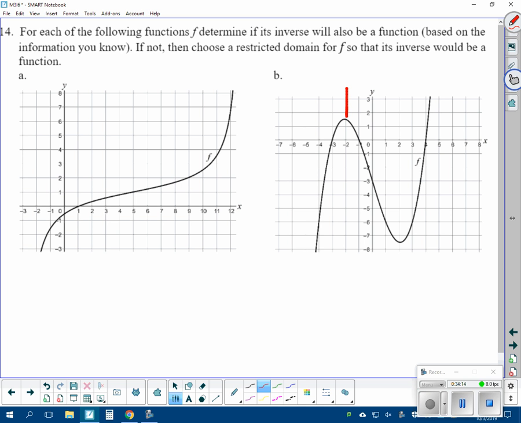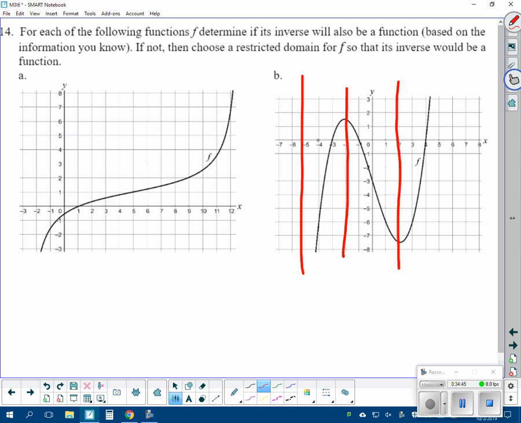From -2 to where? Nope, because it would still fail the horizontal line test there. Oh, -infinity? Sure. So you could restrict it here, and that part of it would give you an inverse that is a function. Where else if I was looking in this direction? Yep, so you can either do from -2 to 2, and that part would be good, or from 2 to infinity.